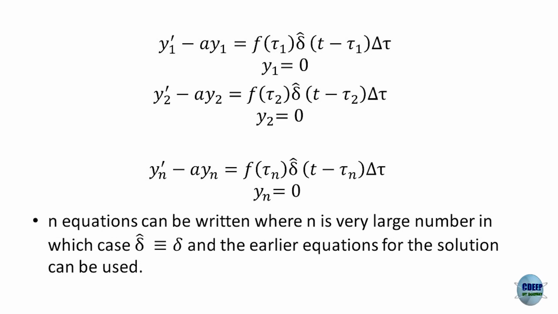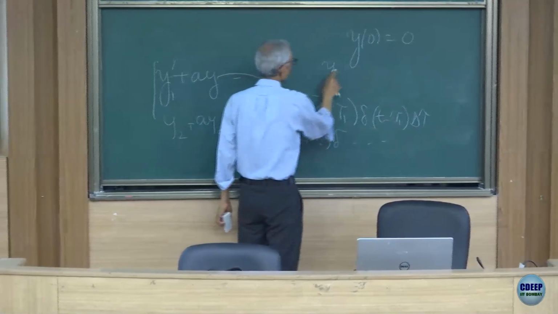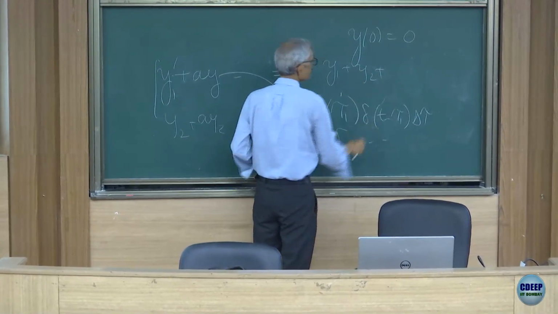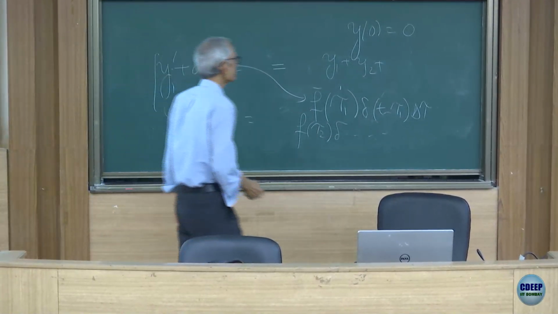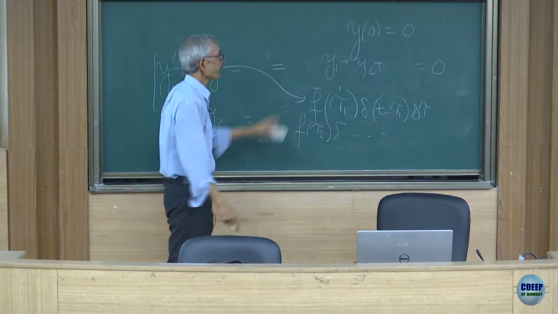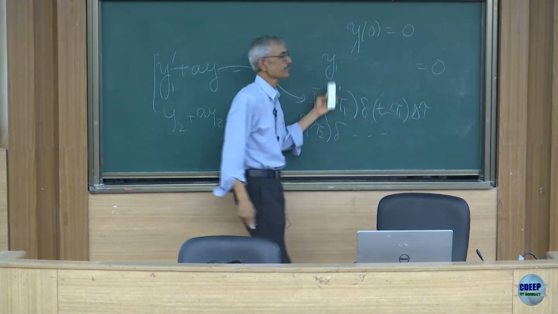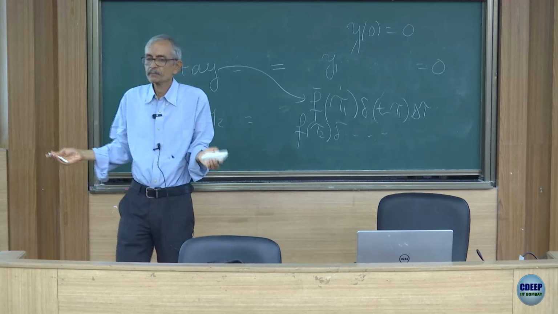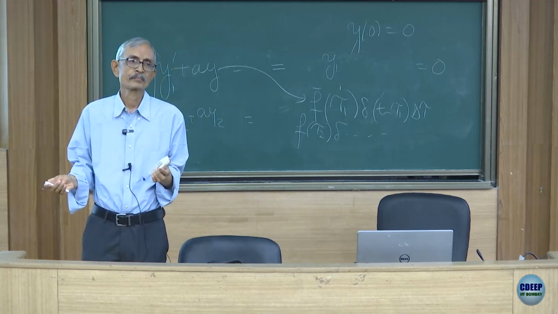So what we said was that my initial condition y0 was equal to 0, and y1 plus y2, because we are hypothesizing that y is y1 plus y2 for n terms, this is also equal to 0. And if this be the case, then I can easily say that each of these guys can be hypothesized to be equal to 0.